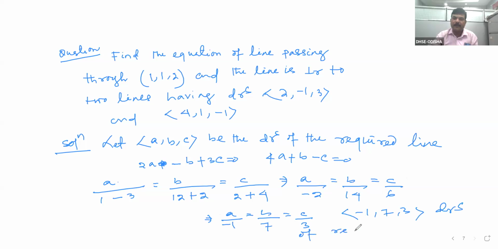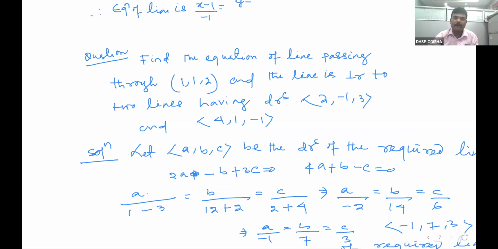DRs of required line. The equation of the line is (x - 1) upon -1 = (y - 1) upon 7 = (z - 2) upon 3.